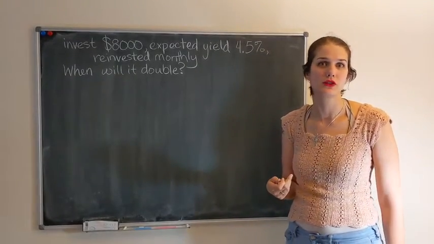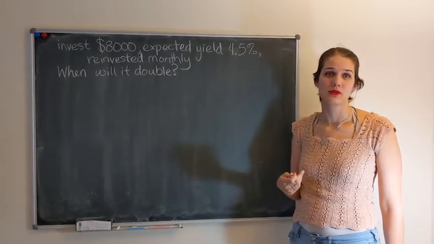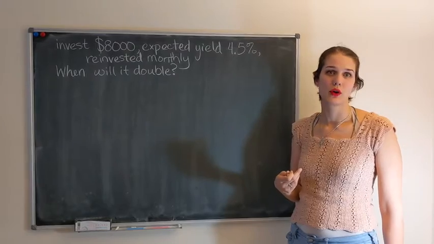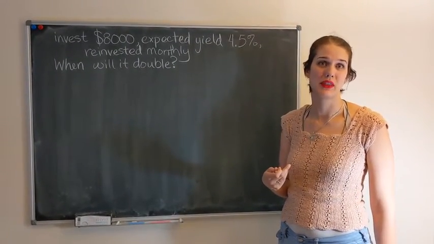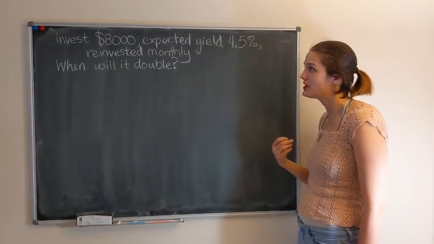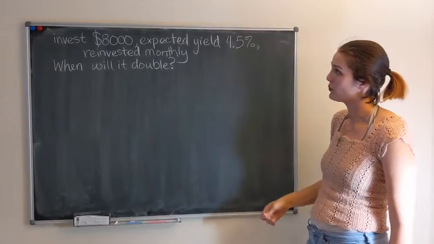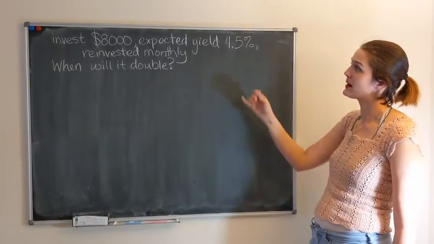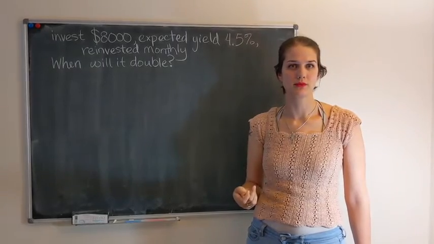So as a first step, let's write down the formula for interest compounded monthly and input into that our principal investment of $8,000 with our expected yield rate of 4.5%, just like we would with an interest rate.